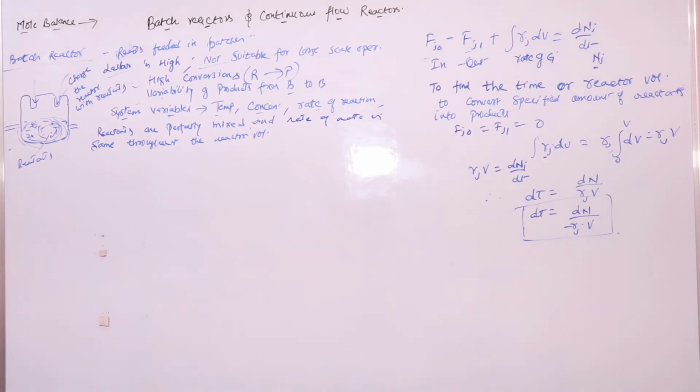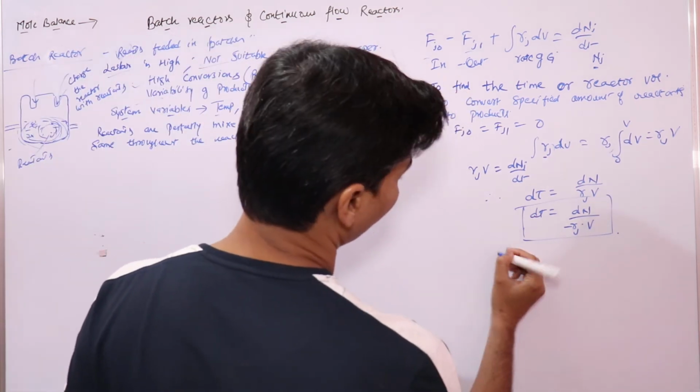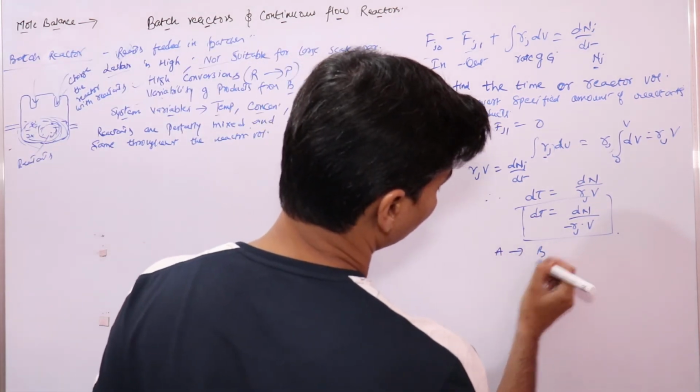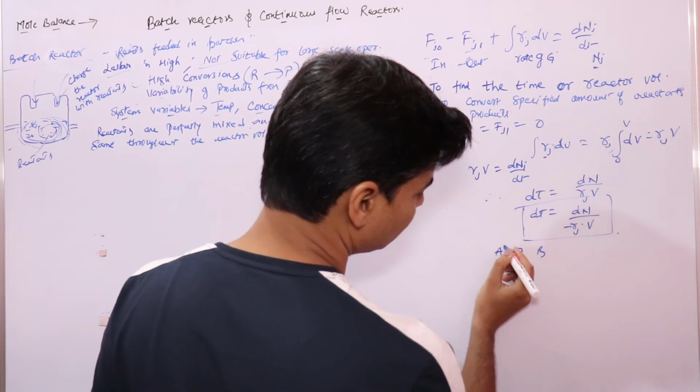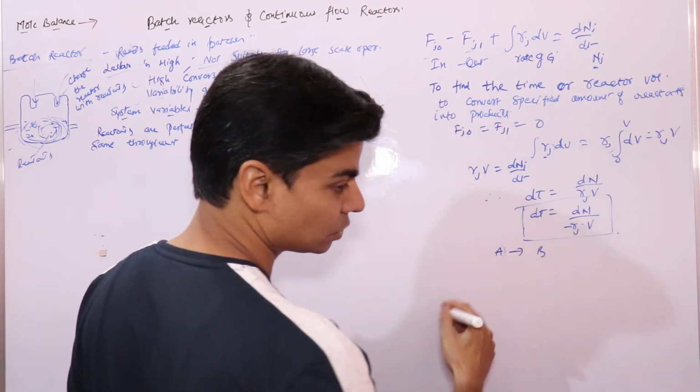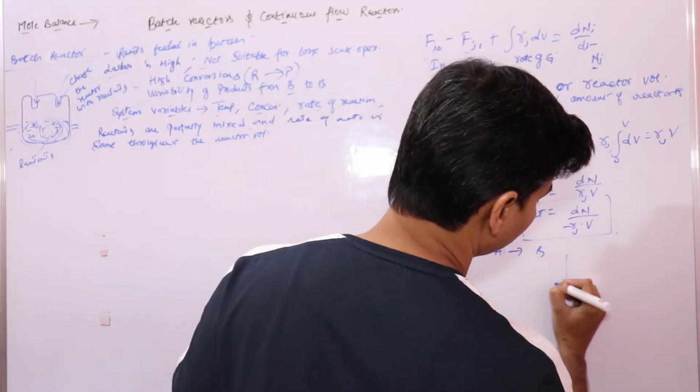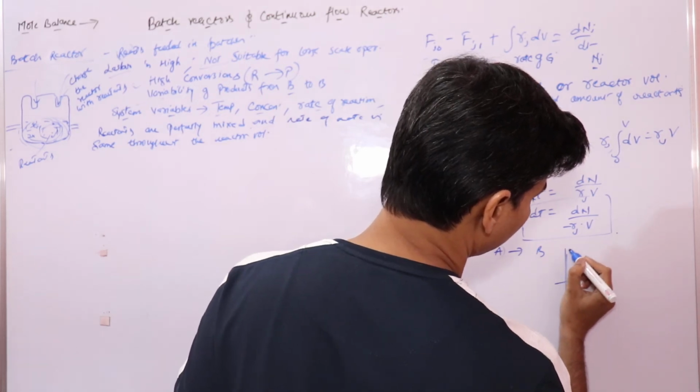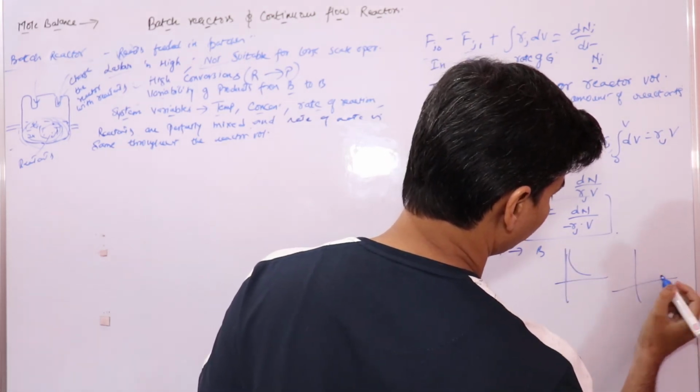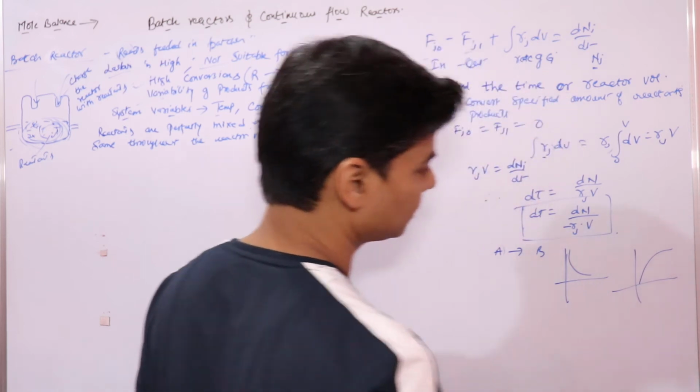Now we will talk about the continuous flow reactors. Before this, we can take one example also. If there is a certain reaction where A is getting converted into products, the concentration of A will decrease and the concentration of B will increase. If you remember, there were some diagrams like this, and for products it's like this.